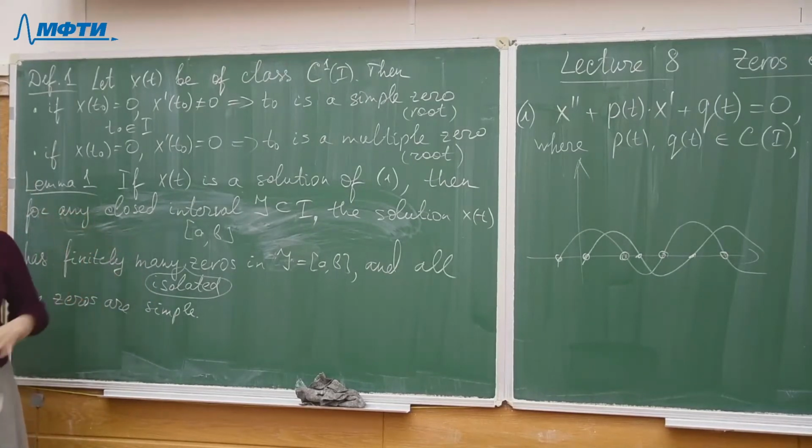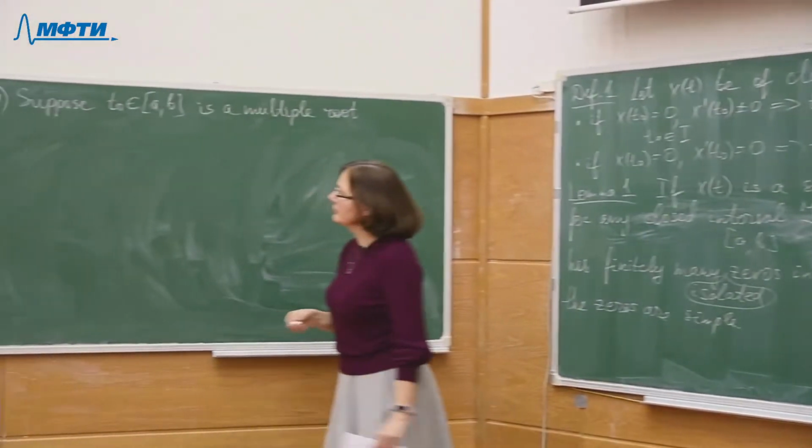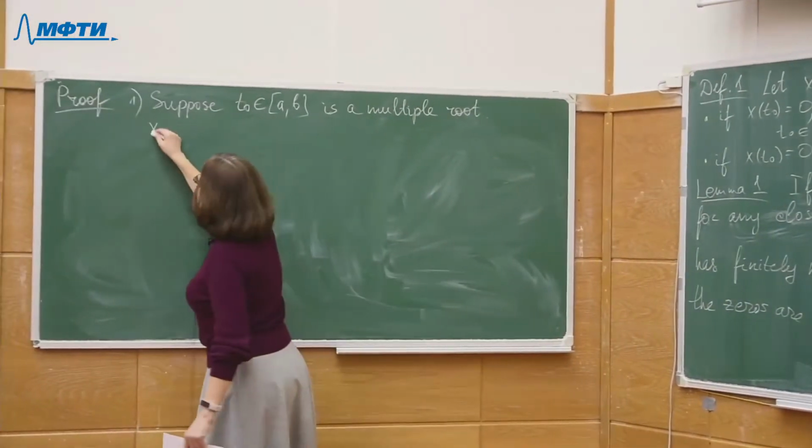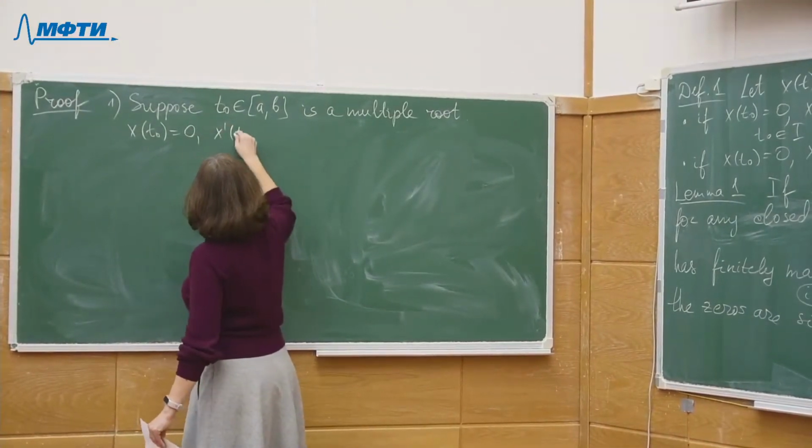Simple or multiple. So suppose t0 included in AB is a multiple root. This means that x of t0 equals 0 and x prime of t0 is 0.